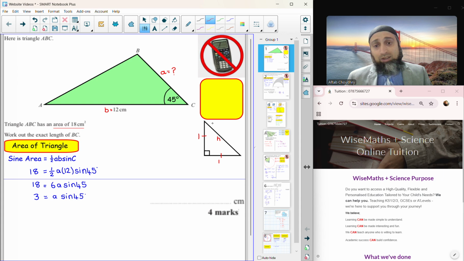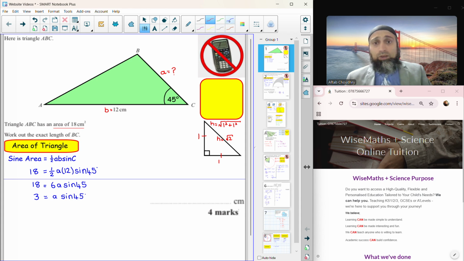To work out h, I'm going to use Pythagoras and sum the squares of the two shorter lengths. So I get 1 squared plus 1 squared. 1 squared is 1, and 1 squared is 1, so 1 plus 1 is 2. Therefore h works out to be the square root of 2.